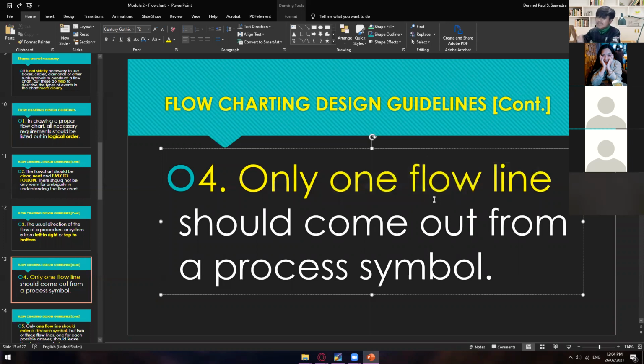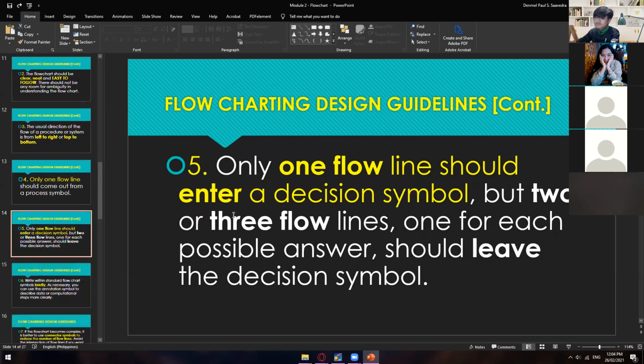Three are quite hard to implement already, since you're going to have a longer discussion or longer sentence on that one process. That is why it says here only one flow line should come out from a process symbol. Another limitation here is one flow line should enter a decision symbol.